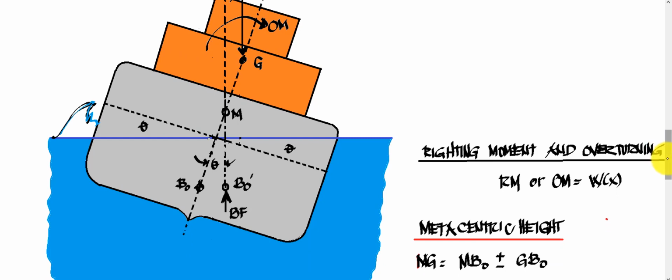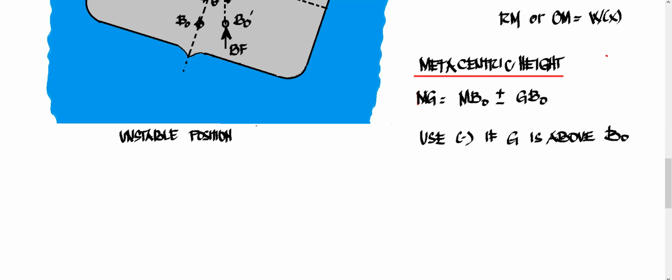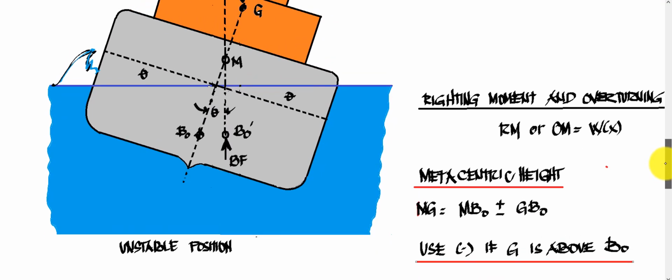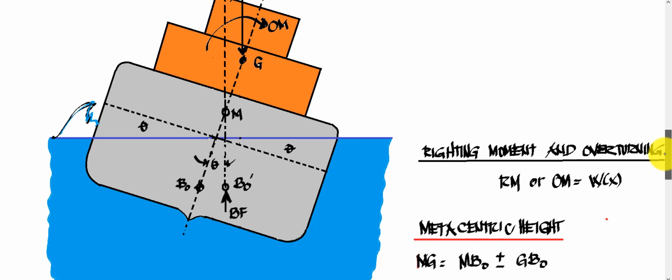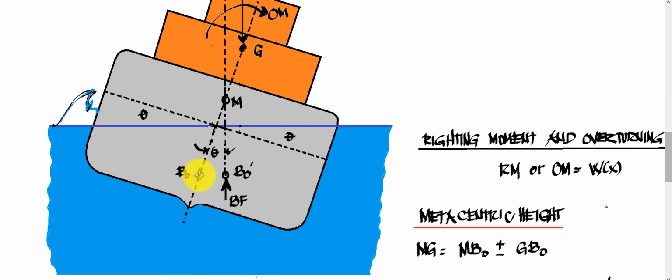So metacentric height, again, looking back, is the distance from M to G. Okay. So take note, use the negative sign if the center of gravity is above the metacenter. So it will be negative if G is above the metacenter. So we have your G, this one is where the G is above, where our metacenter is here.